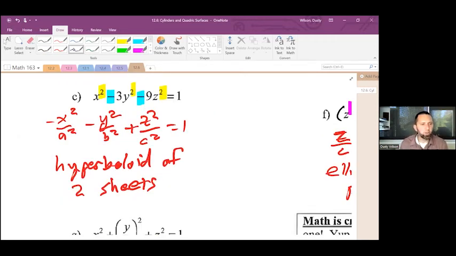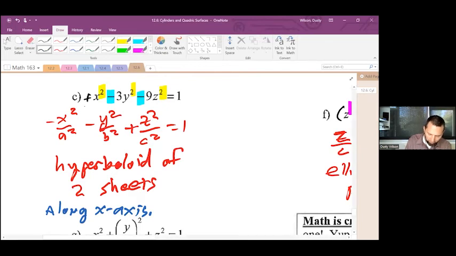In C, we're looking at a hyperboloid of 2 sheets, and this is going to go along the x-axis. The reason it's going to go along the x-axis is because we have only one of these variables being positive, kind of the one that stands out. It's the plus x squared, so we're going to go along the x-axis.